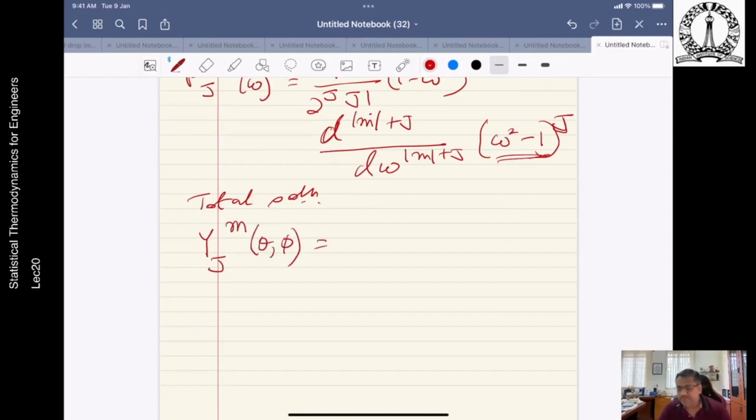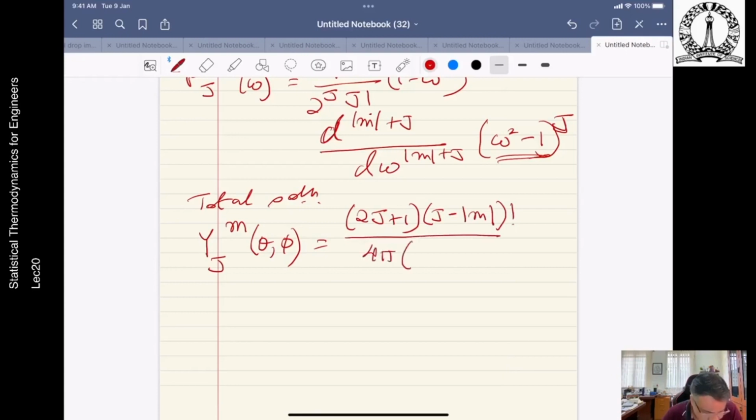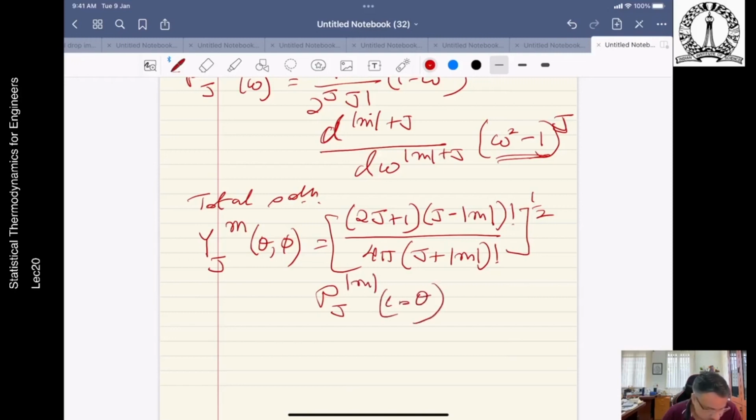It's given as the square root of 2j plus 1 into j minus modulus of m factorial divided by 4 pi, j plus modulus of m factorial, the entire thing raised to the power of half, times P_j modulus m of cos theta, times e to the power of i m phi.